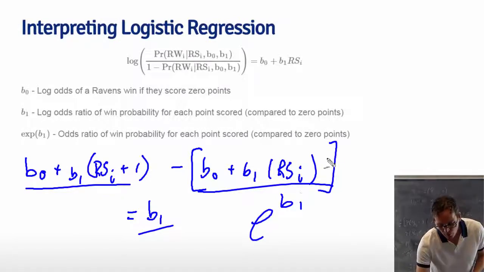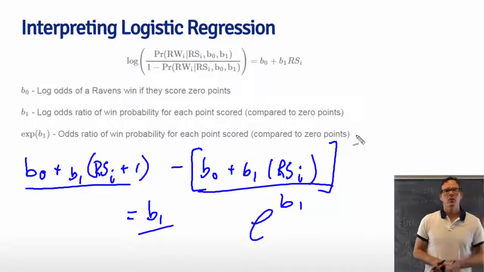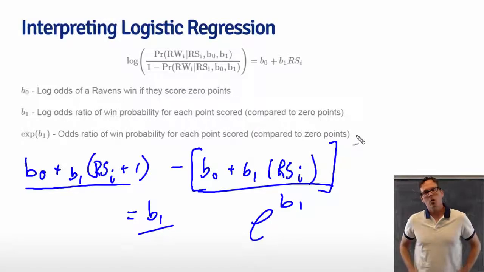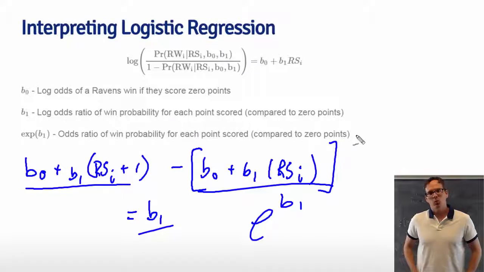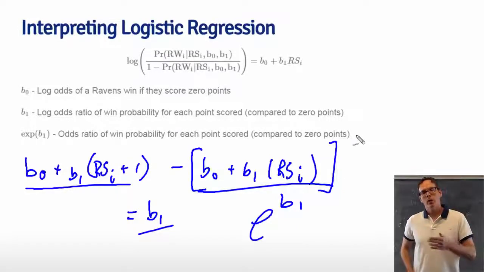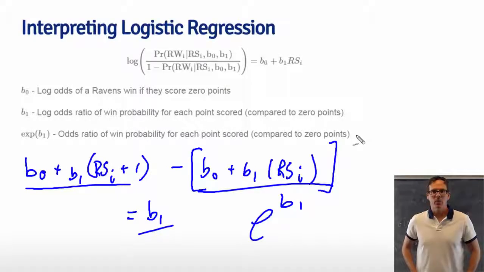If we had a bunch of other covariates added in, let's say whether or not it was a home or away game, then e to the b1 would be the odds ratio of a Ravens win for a 1 unit increase in score, holding whether it was an away or a home game fixed.